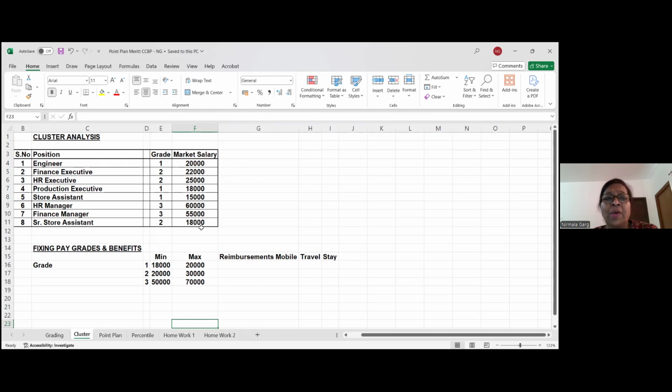Now, how do I do cluster analysis? It can be done mechanically also, but it is very easy to use the Excel format. So what you do simply to do a cluster analysis, I would always say, do a scatter graph. Sorry.